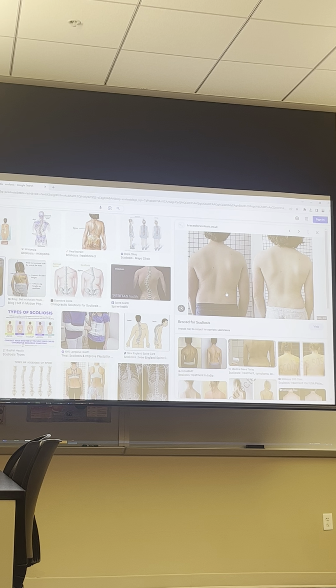Scoliosis is a lateral curvature of the spine, either one way or the other. What would be causing scoliosis in this young man? His spine is curving to the right.